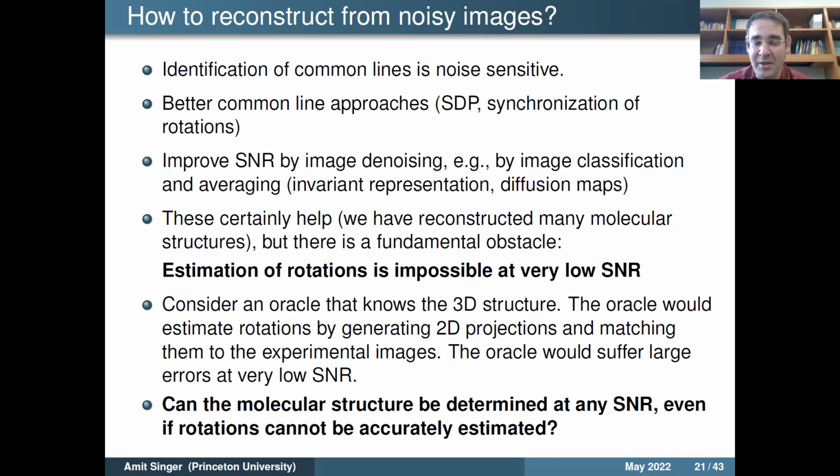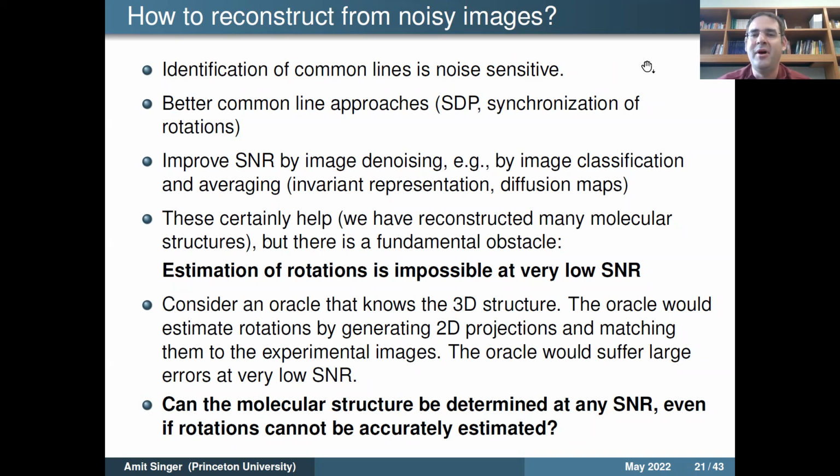And all of these certainly help to estimate the rotations of the images in a completely ab initio manner. However, what I would like to argue today is that estimation of rotations is impossible at very low SNR.